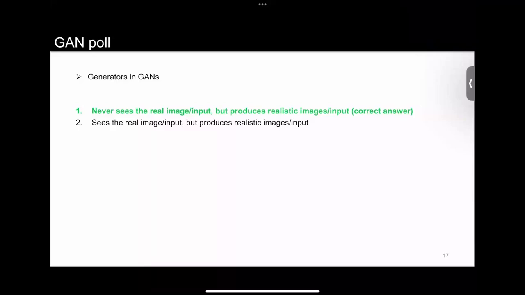Professor, one question. If the generator doesn't see a real image at all, we never know, with just random noise as an input, what kind of image this could generate.